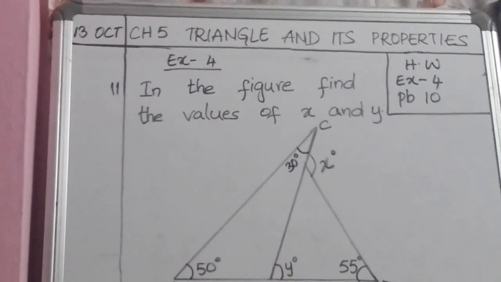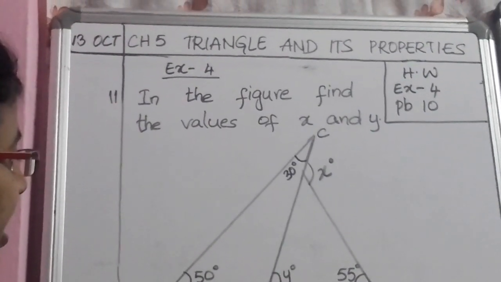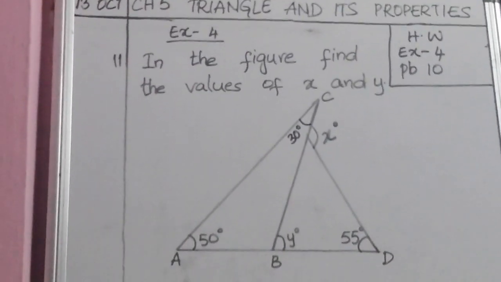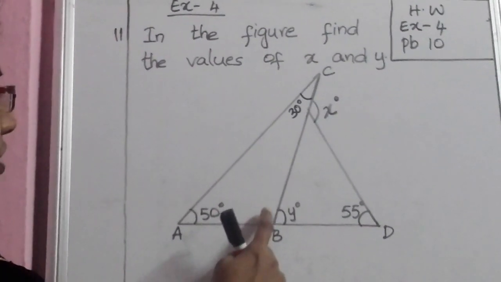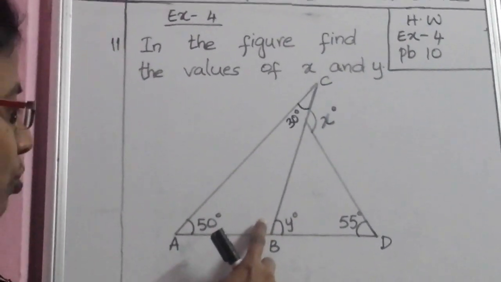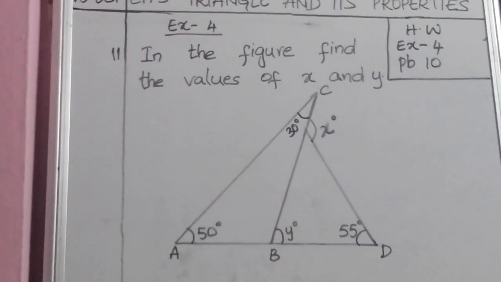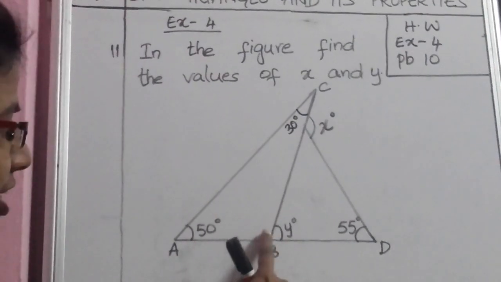So now what we are going to do is take this triangle ABC. Angle sum property we are going to use. We will find this side value. After finding this value, we are going to use the linear pair, the sum of the linear pair of angles is equal to 180 degrees.